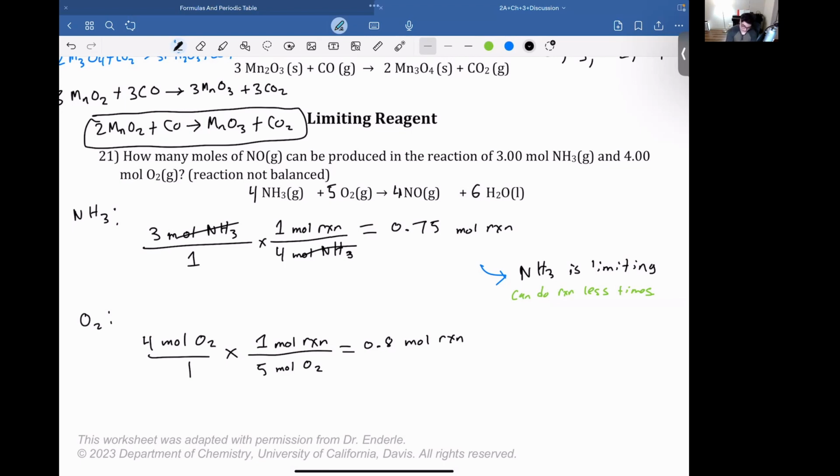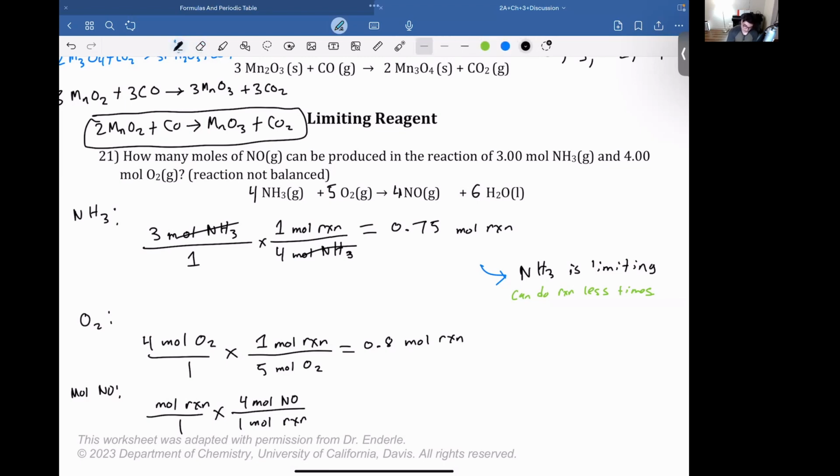In the recipe example, every recipe gave me 1 loaf of bread, right? In this case, every time I do the reaction, I get 4 moles of NO. Right?